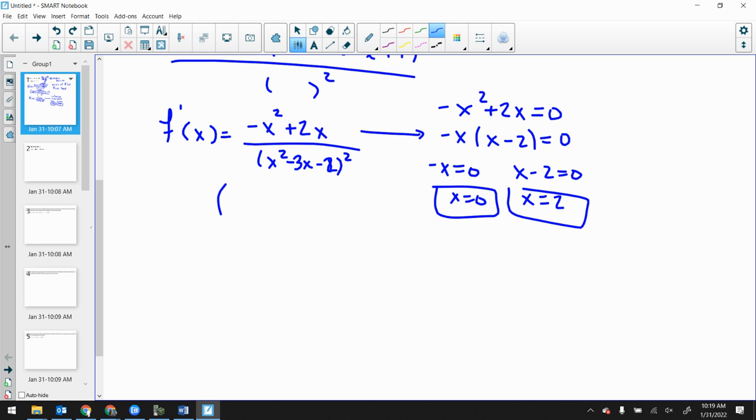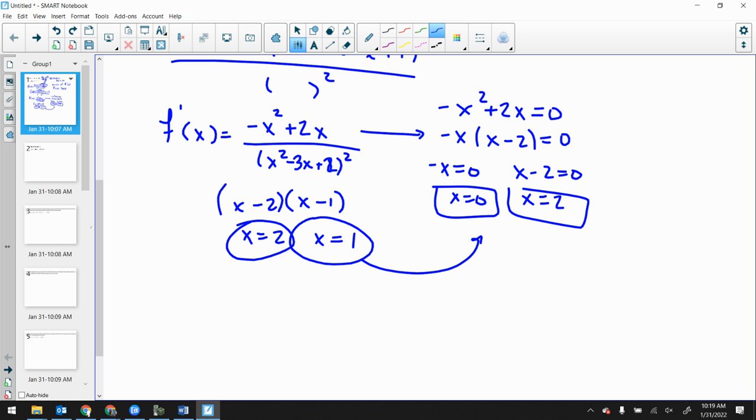Well, then that would factor, right? X minus 2, oh no, so that's a plus. Let's say that's a plus 2. X minus 2, x minus 1, right? So then I would have to say, okay, x equals 2, x equals 1 would be more critical points. Now, I accidentally made that the same thing, but you get the idea.